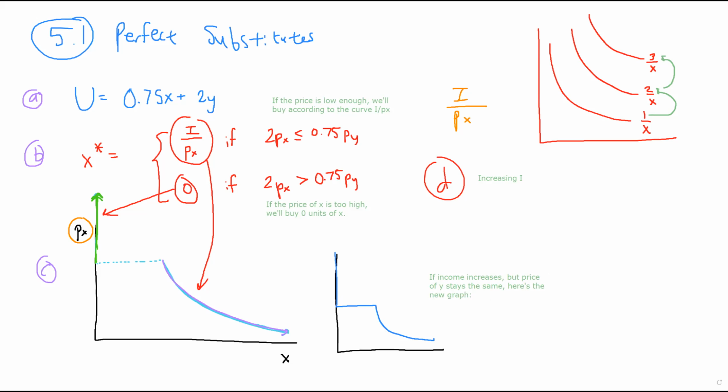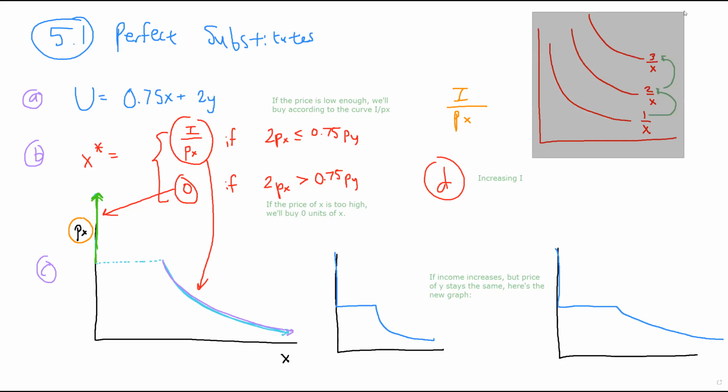We'll get something that looks like this. See how this is kind of stretched out? What I'm trying to show you is that this kind of moves out to the right as a result of higher income. Okay. Now, that does not change the height at which you decide to purchase X.